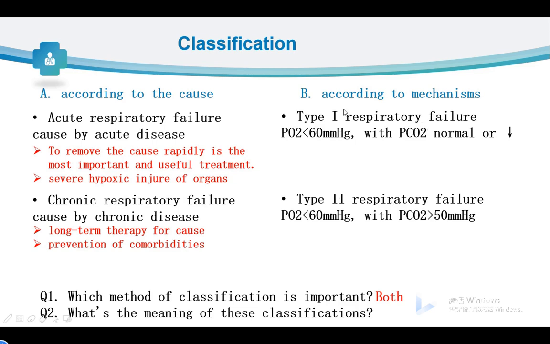And about the different mechanisms, we know that type 1 respiratory failure is usually caused by abnormality of oxygenation. So it means oxygen therapy is useful. But for type 2 respiratory failure, the mechanism is usually decreased ventilation with retention of carbon dioxide.